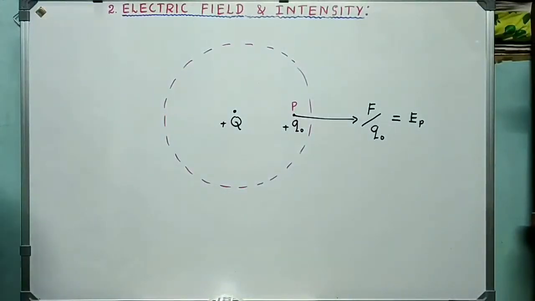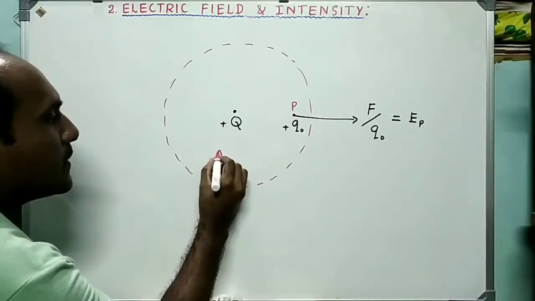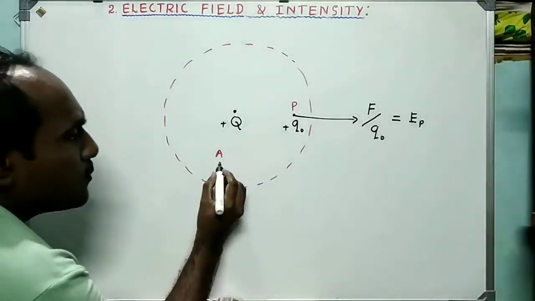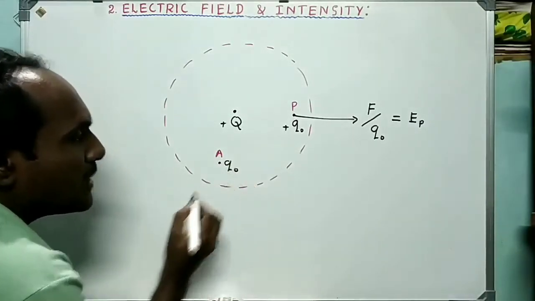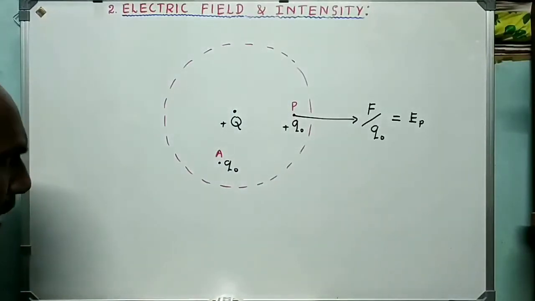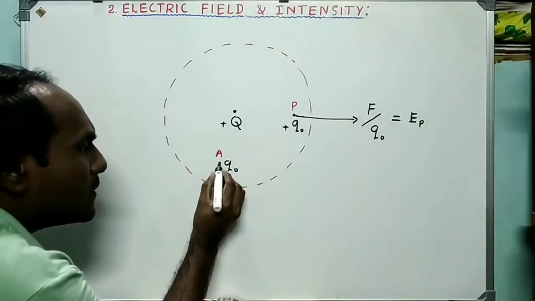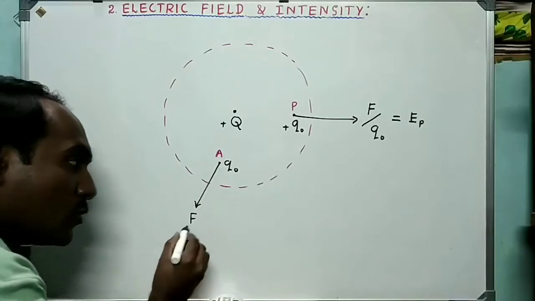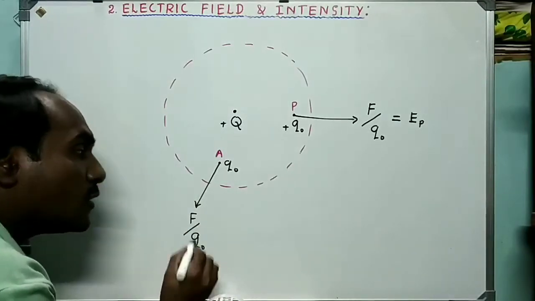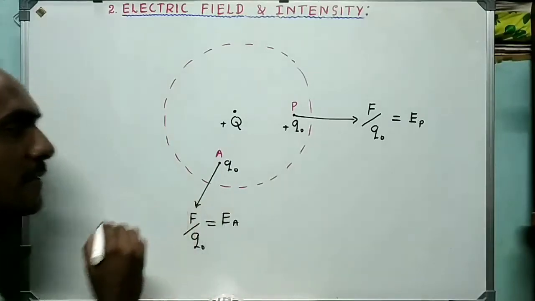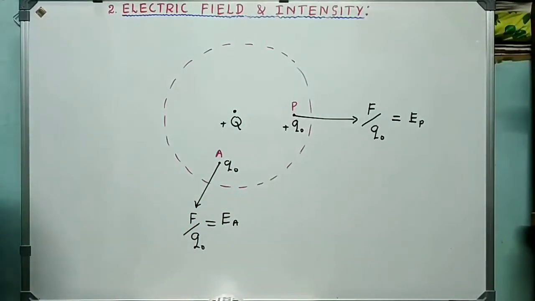Now I will consider one more point. Say it is A. A is a consideration point. When a small test charge is placed at point A, then what happens? Then also it is going to repel. That is, it experiences the electrostatic repulsive force in this direction. And this electrostatic repulsive force experienced by the charge Q0 when kept at point A is called the electric intensity at point A. Now I will consider one more point.